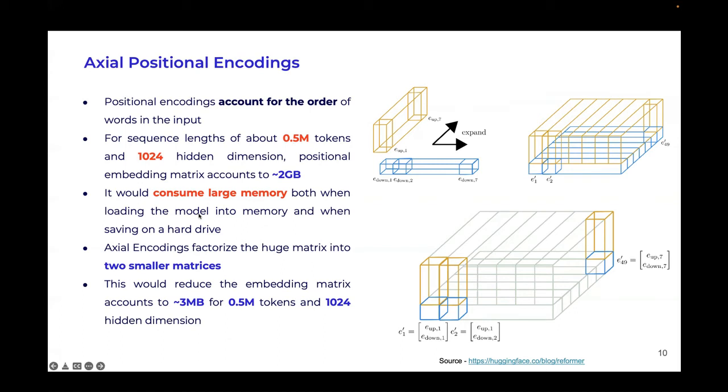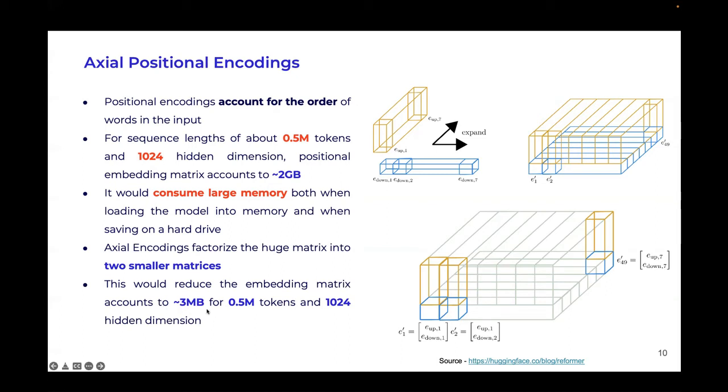It would consume a large amount of memory, both when loading the model into memory as well as saving it to the hard drive. We try to factorize this huge matrix into two smaller matrices using axial positional encodings. After the factorization, we get two individual matrices of relatively smaller sizes.